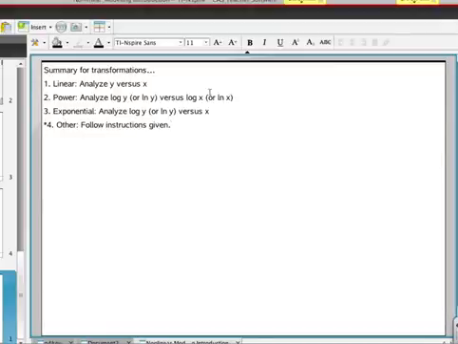So for example, if I thought in that example we did prior with the length and the weight of a fish, if I really thought that weight was a cube of length, I could actually have transformed x to be x cubed. So I could have taken all of the values that were in length and made them length cubed.